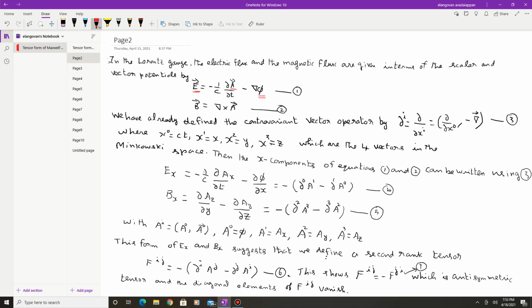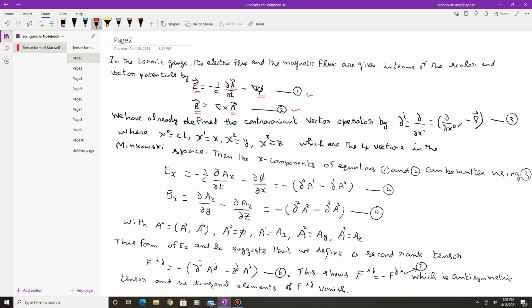E is related by this expression, minus 1 by c partial dA by dt minus gradient of phi. We take this as one expression. Another expression is B related to the magnetic vector potential, curl A. So we take 1 and 2, and we call this the Lorentz gauge.